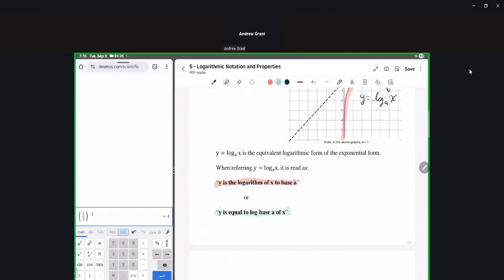So y is equal to log base a of x. We might say log base 3 of 7, or log base 3, 7, something like that. But in general, that's how we typically would say this.